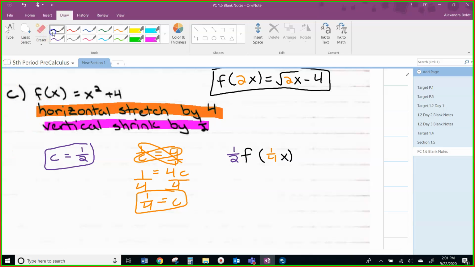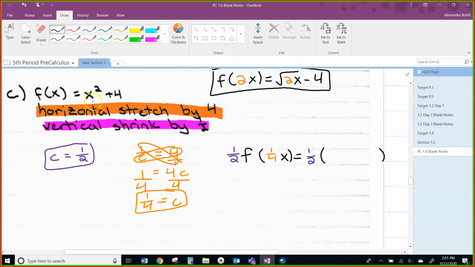So I start with the 1/2, and I'm going to put it in parentheses. So I have 1/2. I'm going to put the rest of the function in parentheses because that 1/2 is being multiplied by my whole function. And then anywhere I see an x, I'm going to put more parentheses.